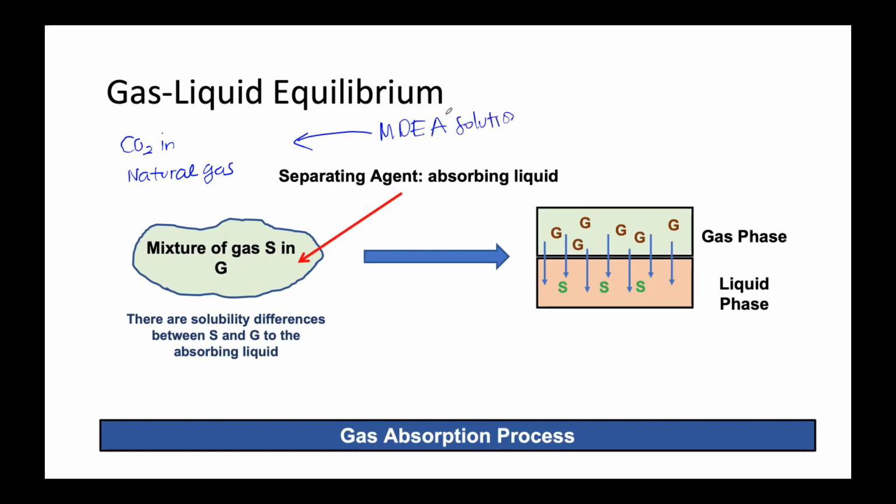If we mix them together, CO2 is easier to absorb in the MDEA, while natural gas won't be absorbed by the MDEA.